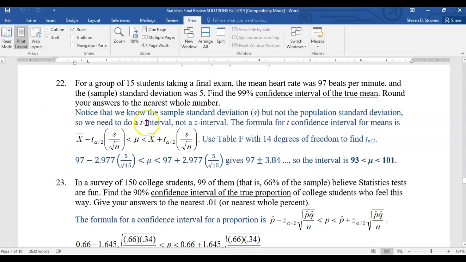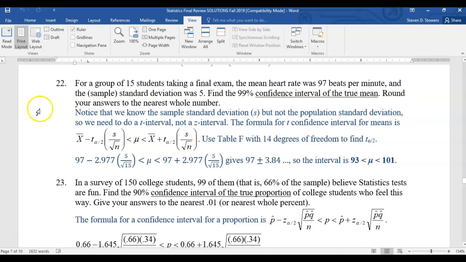Number 22 asks for a confidence interval for a mean. And notice that it says it's a group of 15 students, so it gives us how many are in the group. That's the sample size. It gives us the mean for that group, so that's the sample mean, that's X bar. And it gives us the sample standard deviation, 5.